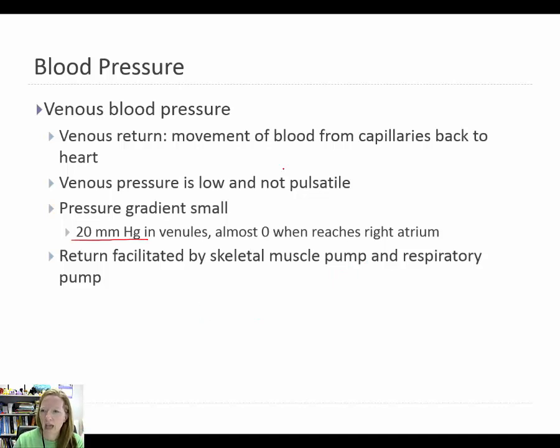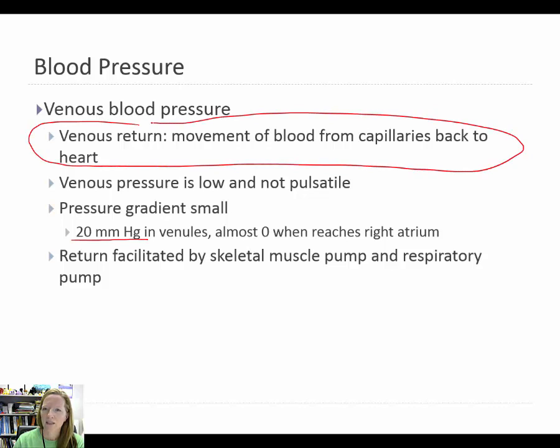And remember that one thing that cardiac output relies on is venous return. Stroke volume relies on venous return, which is the movement of blood from the capillaries back to the heart. And you're thinking, okay, well, pressure is really low here. It's not pulsatile.